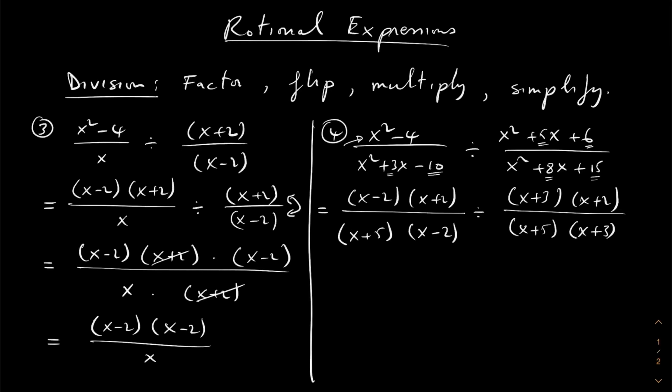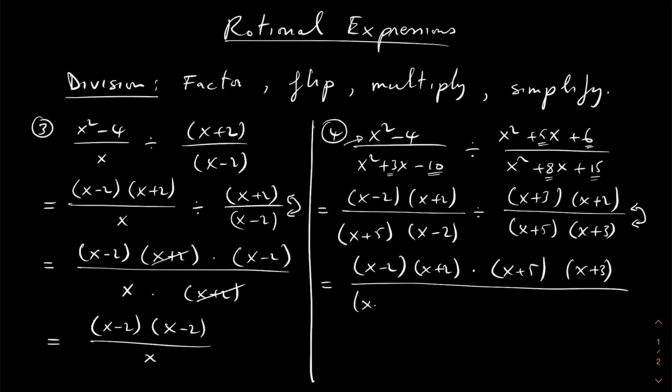And so now we have to flip the second fraction over and turn this into a multiplication. So we're going to have x minus 2, x plus 2, multiplied by x plus 5, x plus 3, all divided by x plus 5, x minus 2, multiplied by x plus 3, x plus 2.